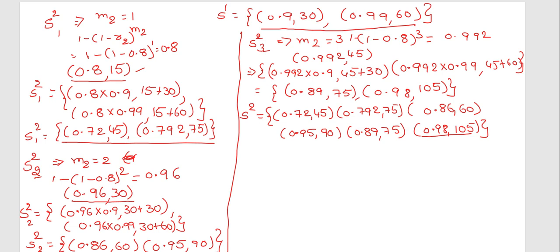Compulsorily stage 3 must have at least one device; each stage can maintain one device. What is the cost of the device at stage 3? 20. So here we are getting the value 105, and by adding 20 the answer is 125, but it is out of the range. That is the reason we are eliminating this tuple.